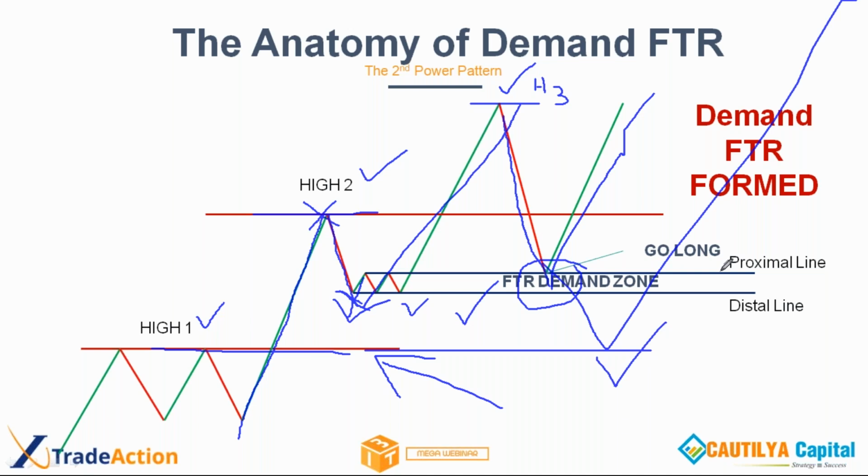So what we are saying is, since H1 and H2 are broken elegantly with the utmost high momentum, we decide that there are no pending orders at H1 and H2. We believe there are only pending orders at the FTR demand zone, because that is the point where a good base was formed.